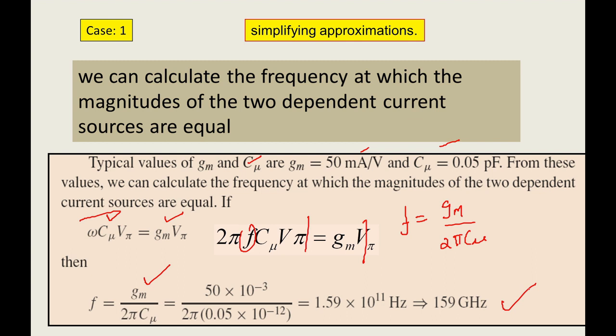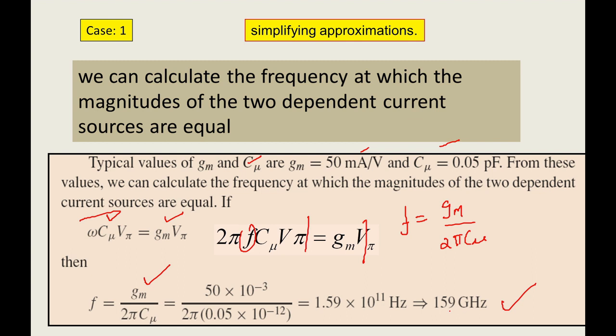Our BJT, a small signal bipolar transistor, will work only in terms of megahertz, but the obtained value is in terms of gigahertz. That is very far from our operating frequency.